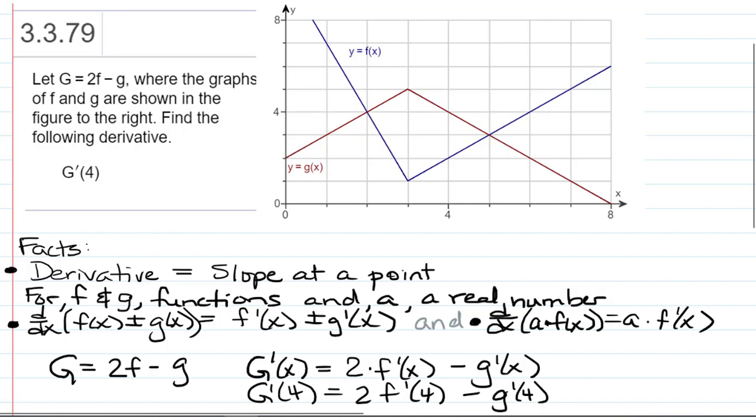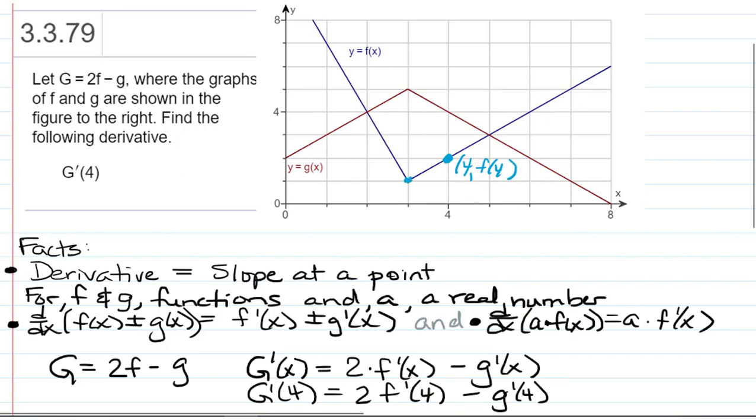So to find f prime at 4, we're going to look at 4, go up to the graph of f, which is the one in blue. I don't know if you can see the color, but that would be the point (4, f of 4). Okay, but we're not looking for f of 4. We want to know the slope of this thing.